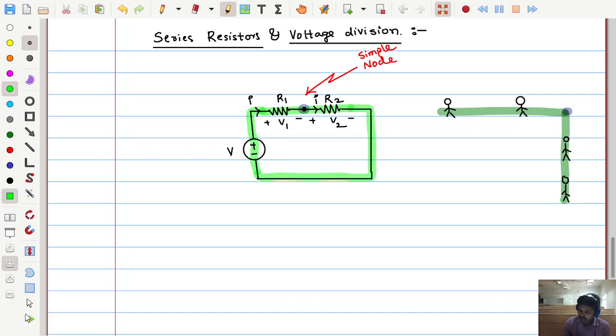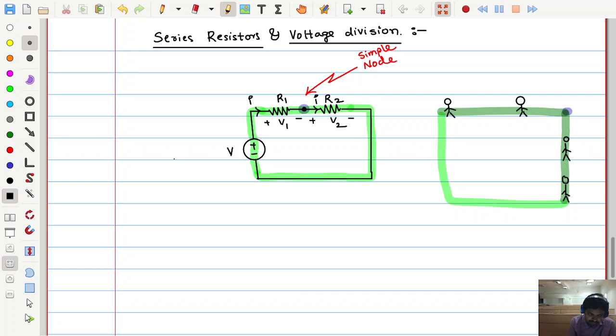Wherever it started, you might come back this way and reach the same starting point. So this is one loop, a simple single loop circuit. Now for this circuit, the current through R1 is I, and the current through R2 is also I. This is one of the important features of series connected elements: series connected elements have the same current.